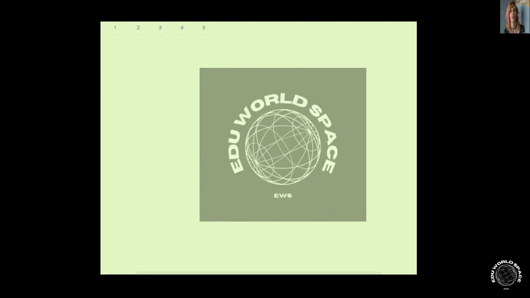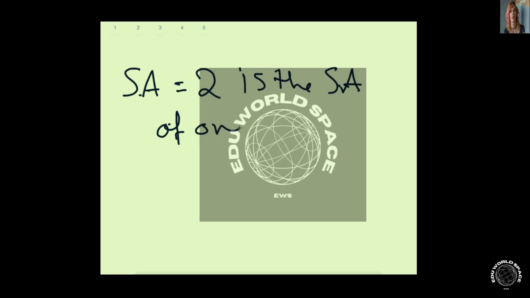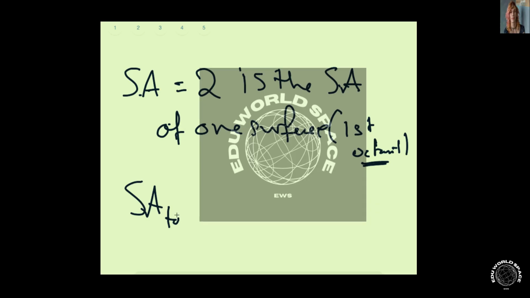But that's not the answer. So that surface area equaling 2 is the surface area of one surface, aka in the first octant. But since we have 8 octants, that's why it's called an octant, the total surface area is 2 times 8, which is 16.